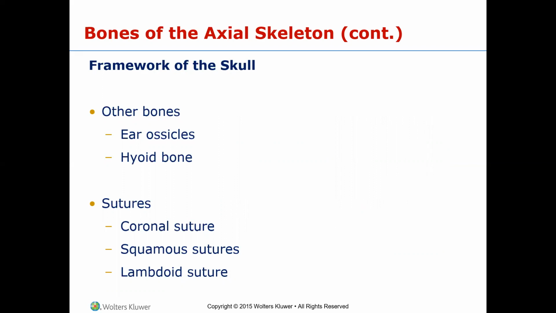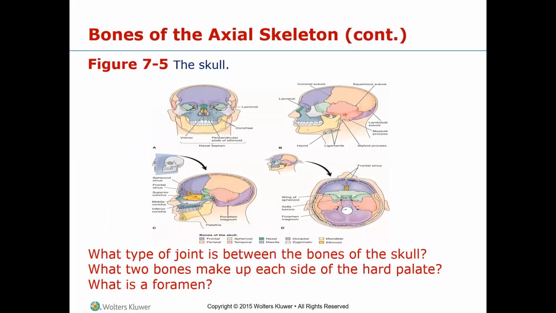We also have some sutures that are joining bones together in our skull, of which there are three: the coronal, the squamous, and the lambdoid suture. These are flat bones that are found in the skull. You should know all of the suture lines.